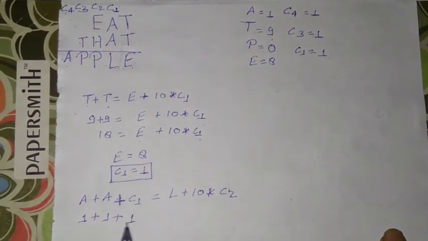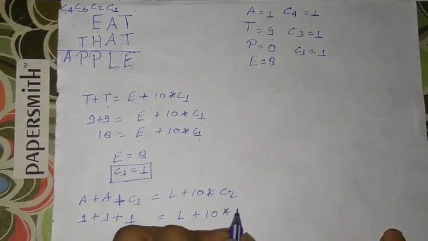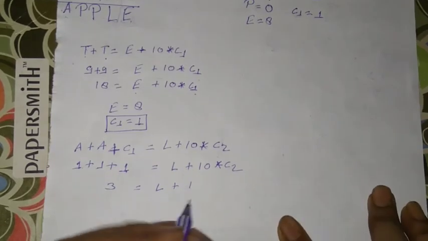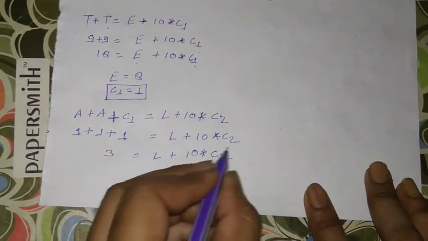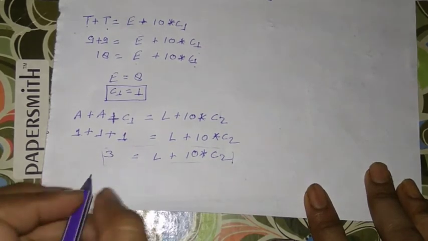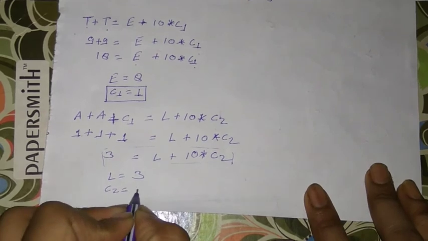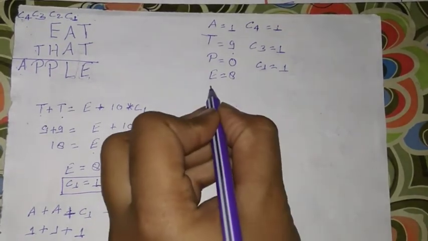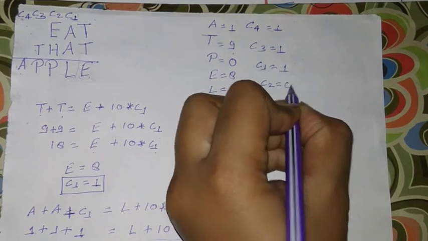So we got 1 plus 1 plus 1, that is 3. 3 is equal to L plus 10 into C2. From this equation we find out that the value of L equal to 3 and the value of C2 equal to 0. So here we write L is equal to 3 and C2 equal to 0.